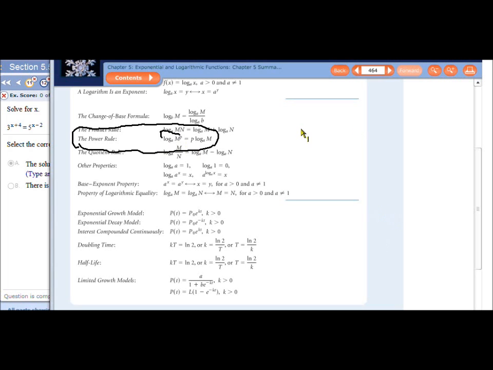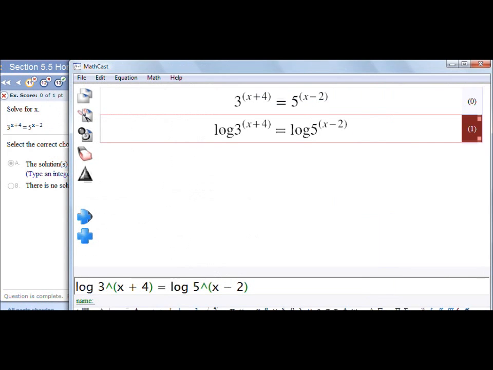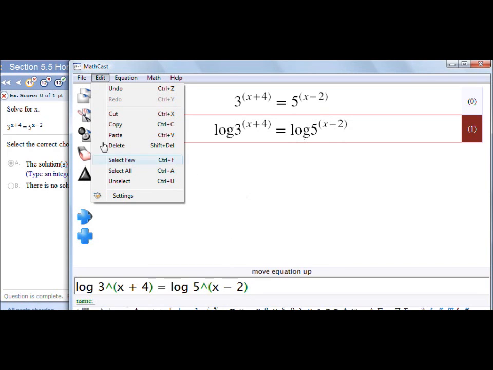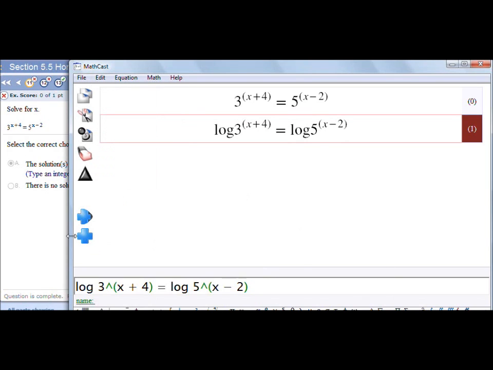So let me go back to here. And I'm now going to move this x plus 4 and x minus 2 in front of these things. And you'll see what happens after I start doing this. So, let us proceed. I need to edit here. Copy.